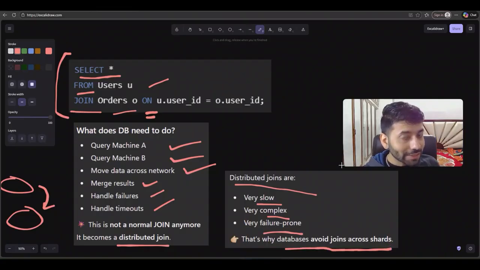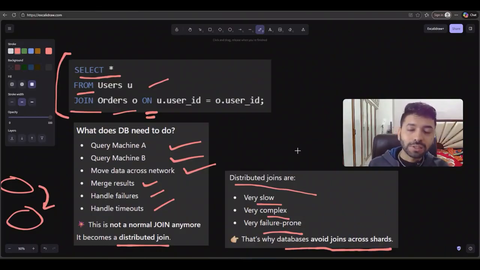and that's why databases avoid joins across the shards. So in SQL we earlier said that normalization is totally fine because we are splitting the data just logically, and SQL is good at joins, correct? Because it is a relation between different tables using the keys, and SQL is good at it. But when we talk about sharding, first of all, sharding is complex in SQL because that logic needs to be handled by the application layer, right?